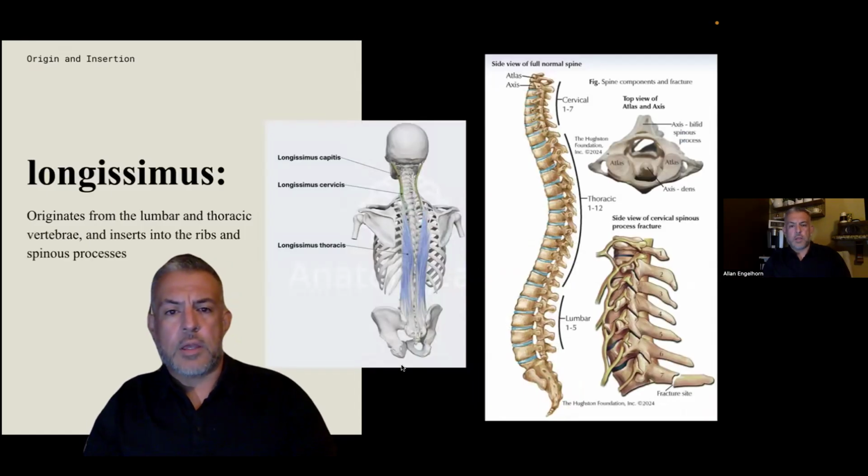So next we have the longissimus. It originates from the lumbar and the thoracic vertebrae, and it inserts into the ribs and the spinous process. So over here, we have the sections of the longissimus: the capitis, cervicis, and the thoracis.